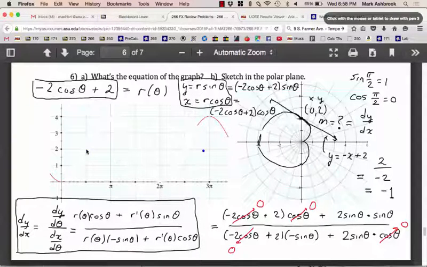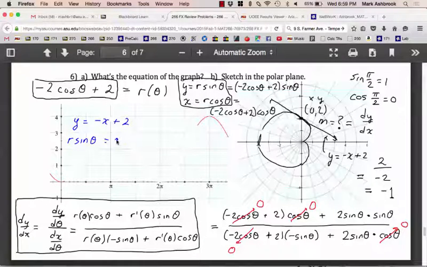So in blue over here, we're going to change this equation of the line in Cartesian coordinates, y equals negative x plus 2, into polar coordinates. Y equals? R sine theta. X equals? R cosine theta. And what is a polar function?